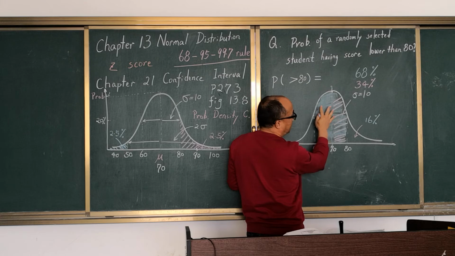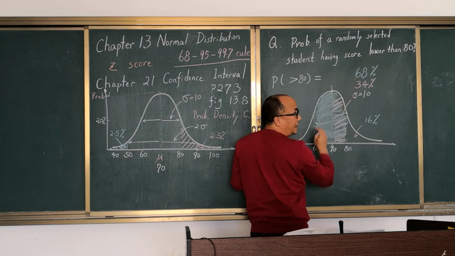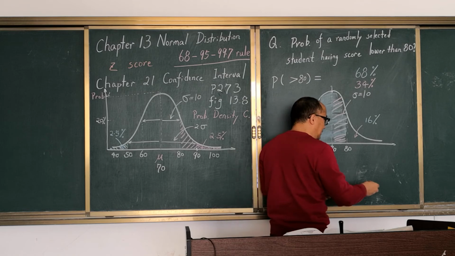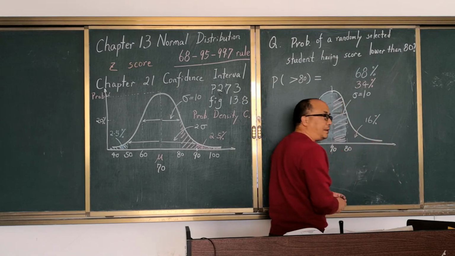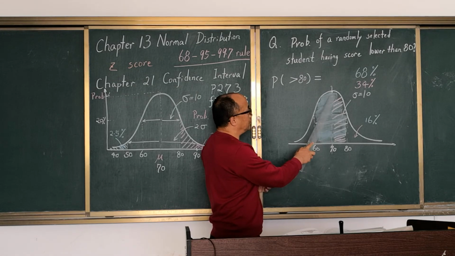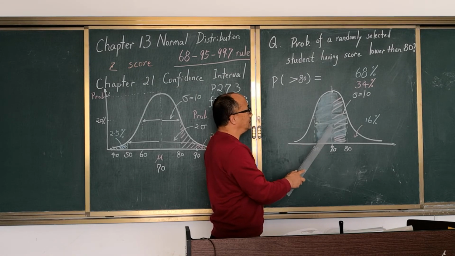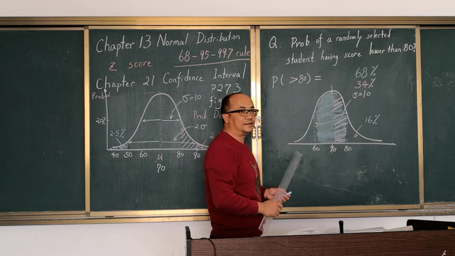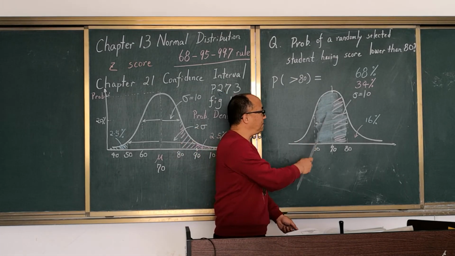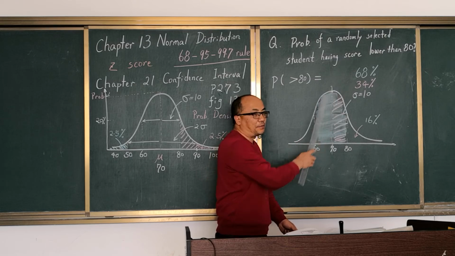The total, the blue one is 68%. Okay, some students say it's not clear. I repeat. The total, the blue color is 68%. The half is 34%.